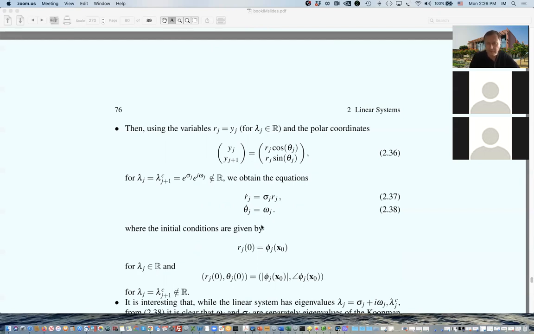And then the initial conditions are given by rj of 0, and there should be an absolute value, really. So it should be the absolute value of phi j of x0. And then theta j of 0 is the angle of phi, so the argument of the polar representation of phi j evaluated at x0.